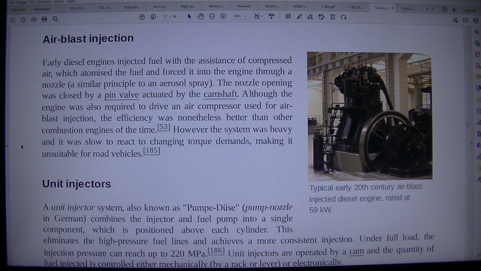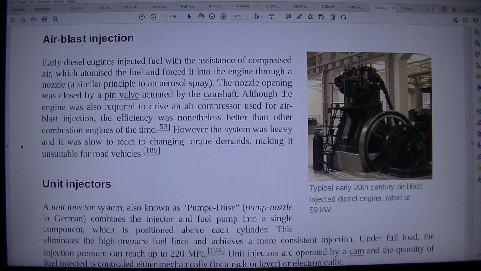Air blast injection. Typical early 20th century air blast injected diesel engine, rated at 59 kW. Early diesel engines injected fuel with the assistance of compressed air, which atomized the fuel and forced it into the engine through a nozzle, a similar principle to an aerosol spray.